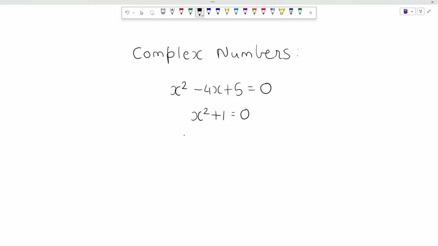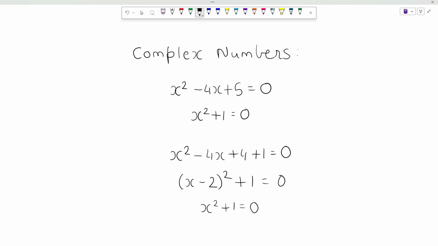The first one can be resolved as x square minus 4x plus 4 plus 1 equal to 0, and this can be written as x minus 2 the whole square plus 1 equal to 0, and the second equation is x square plus 1 equal to 0.